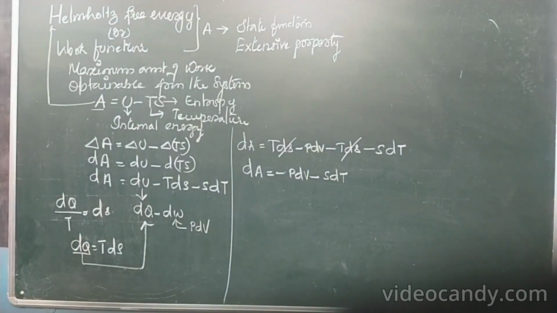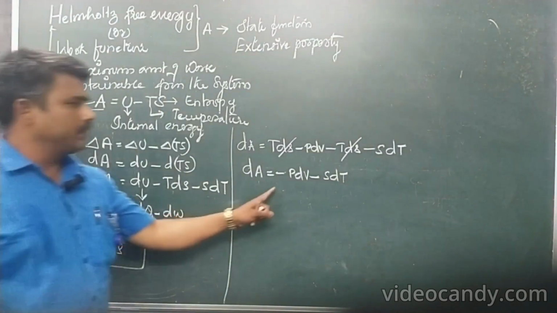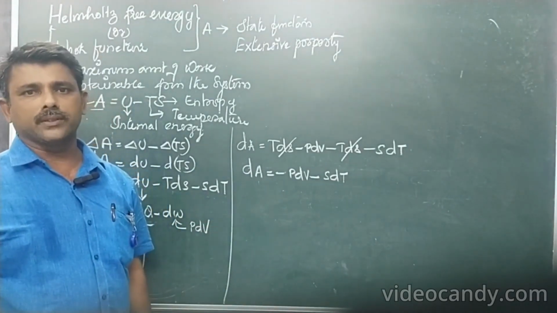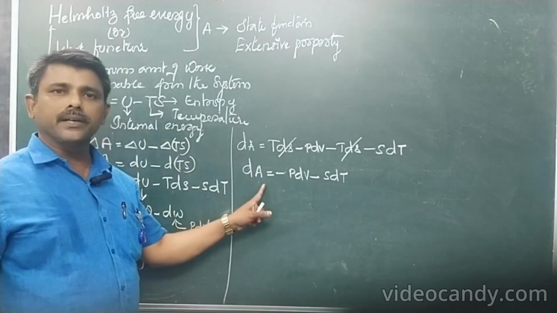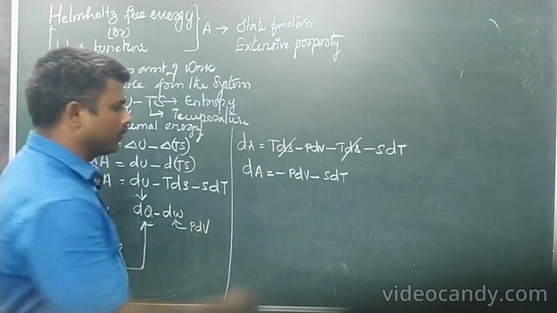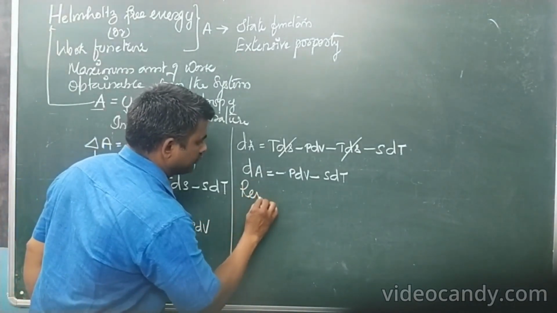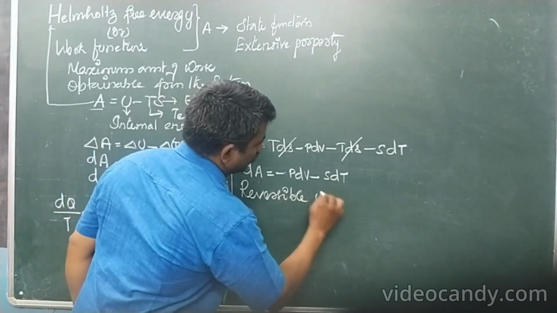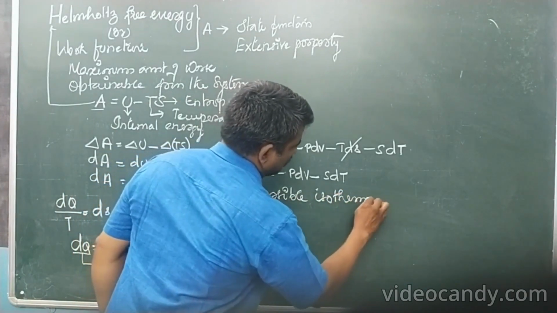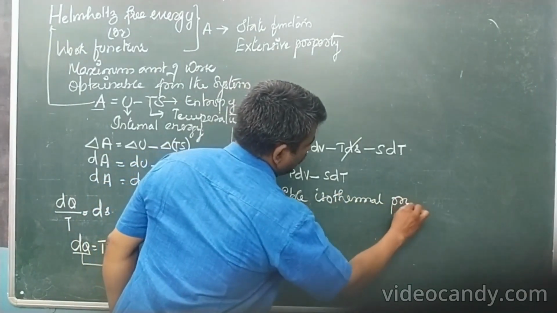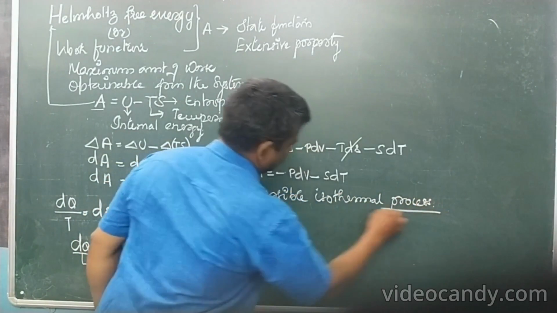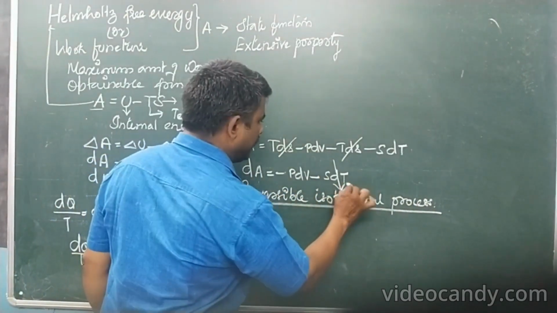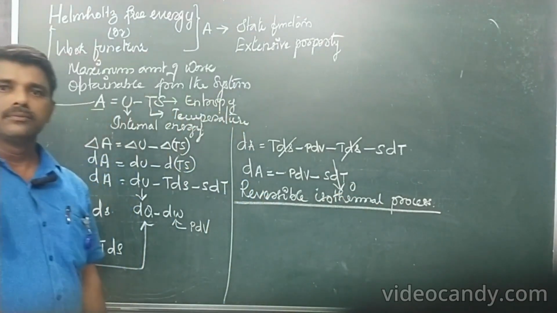Now I am going to fix a condition: a reversible isothermal process. Since it is an isothermal process, dT is equal to 0.